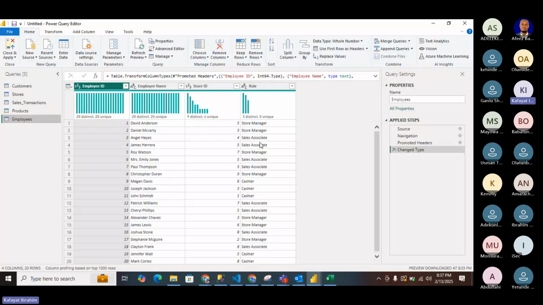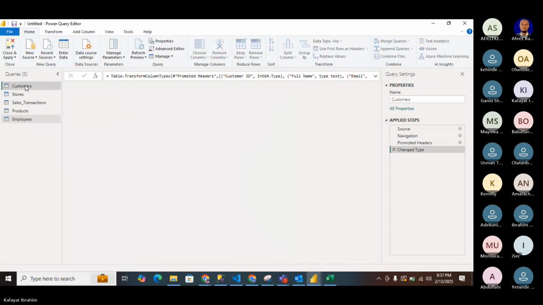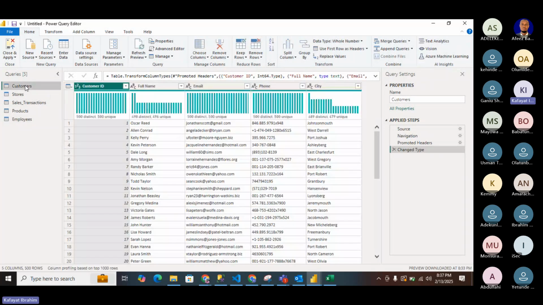These are the tables one after the other. So let's access our data set one after the other. We have column ID, 500 distinct, 500 unique, telling you that there is no repeated value. Customer ID tells you that all the IDs are unique.